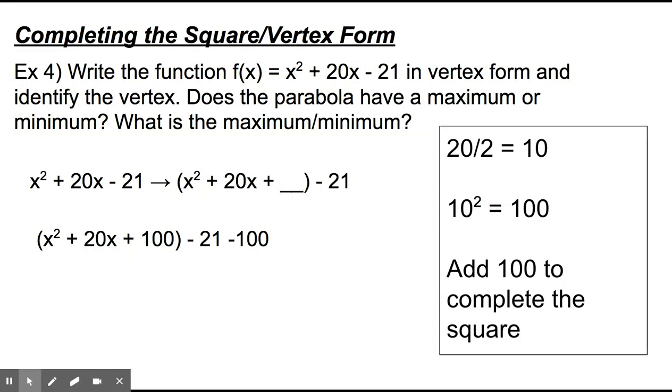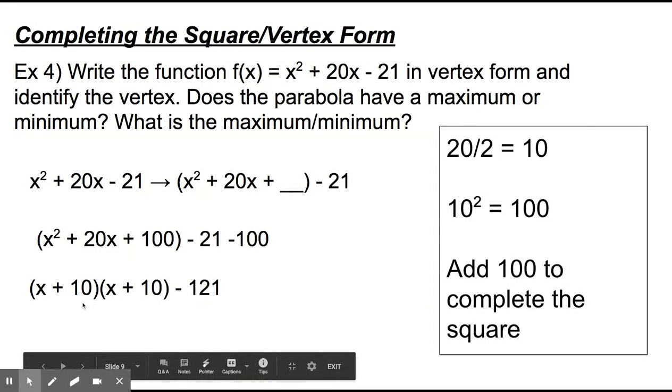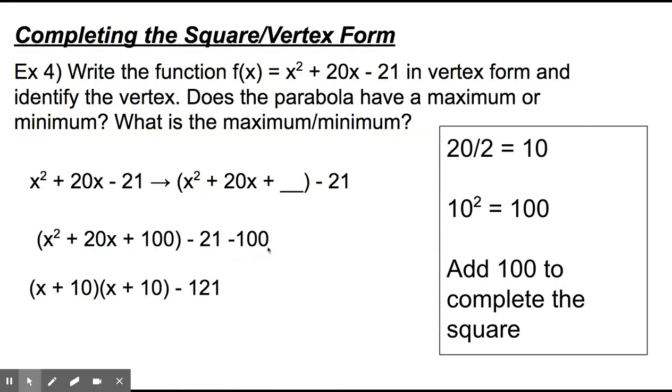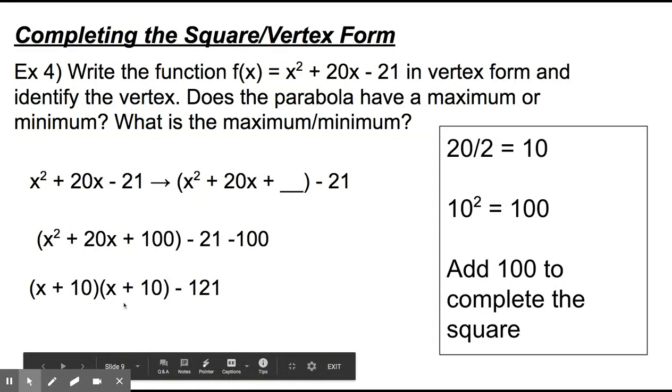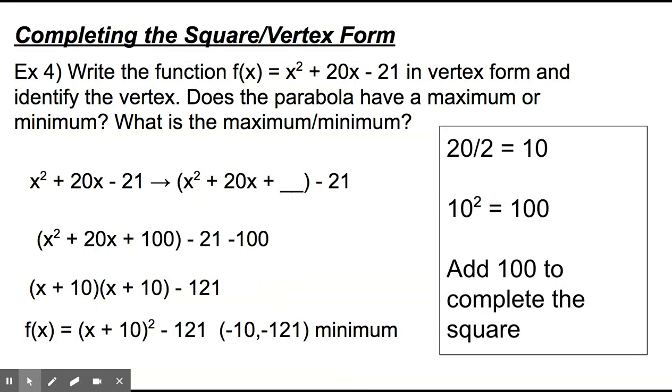When I do this, I can now easily factor these three terms on the inside, and that's going to give me x plus 10 and then x plus 10. And then notice these outside numbers, I already combined them together. Negative 21 and negative 100 gives me negative 121. From here, I can rewrite this portion of my equation as x plus 10 squared and then minus 121.